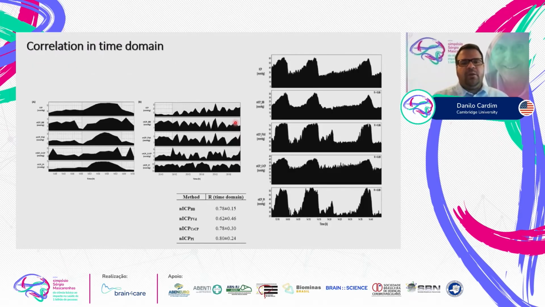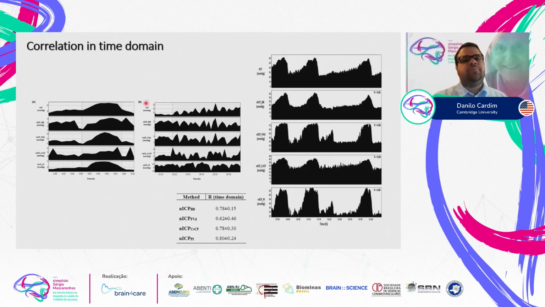But this dramatically changed when we not only rely on the absolute value, but we also rely on the dynamic changes that we observe over time when we monitor a traumatic brain injury patient. As we know, intracranial pressure is a dynamic physiological signal that changes over time according to the condition of the patient.